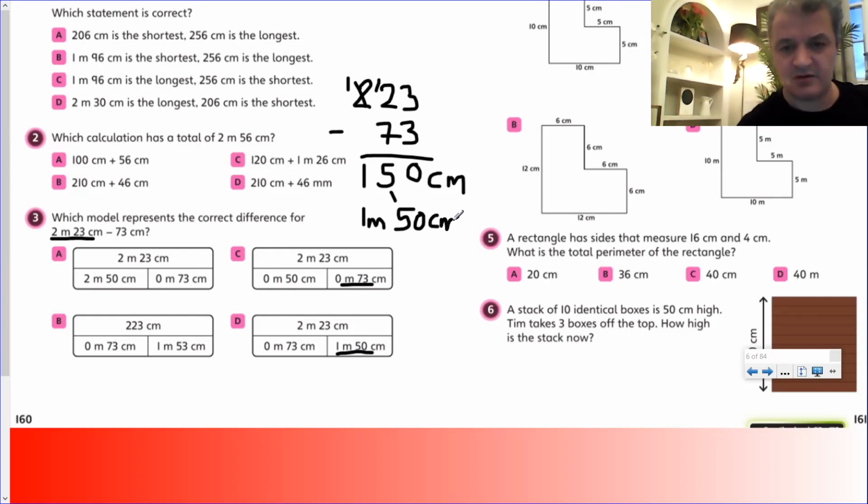So therefore, I'm looking at the answers. I've got 2 meters 23. That represents 73 centimeters. The other section is 1 meter 50. I could do 223 centimeters as a part-whole model. A bit like that. So that would be made of 73 and 150.